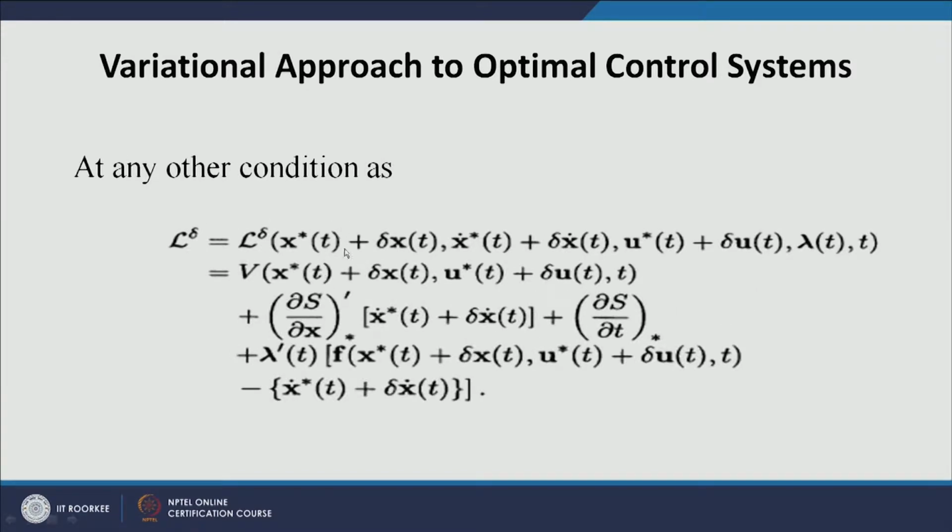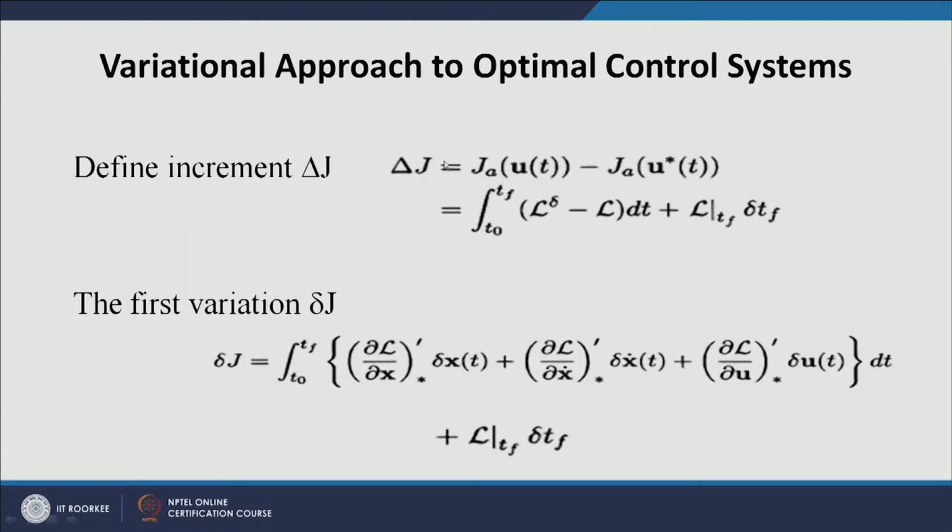We define the Lagrangian at the variation point and find the increment delta J as J of u(t) minus J of u star(t). From this increment we find the first variation delta J, which is given by this expression plus L(tf) delta tf.